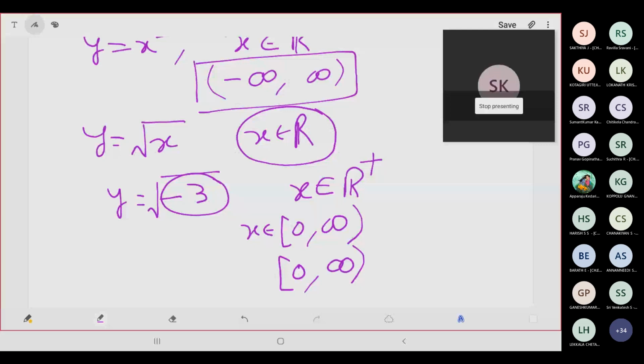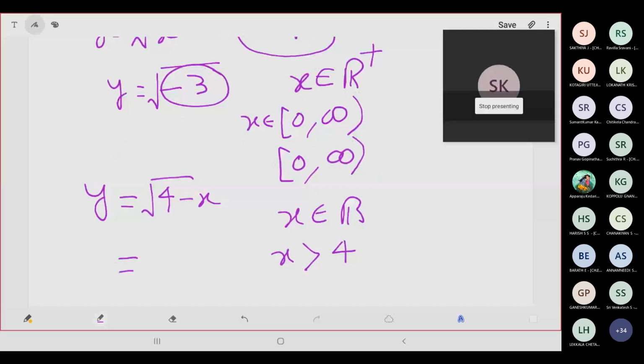And now again, you can see another function, y is equal to square root of 4 minus x. Whenever you take x from the real numbers and x is greater than 4, again you have a quantity with a negative sign under the root, which is not defined.